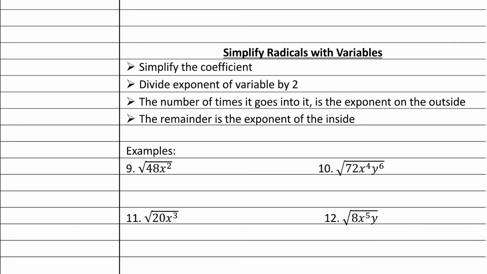So we will have a remainder if the exponent is odd. If odd, you will always have one variable remaining.